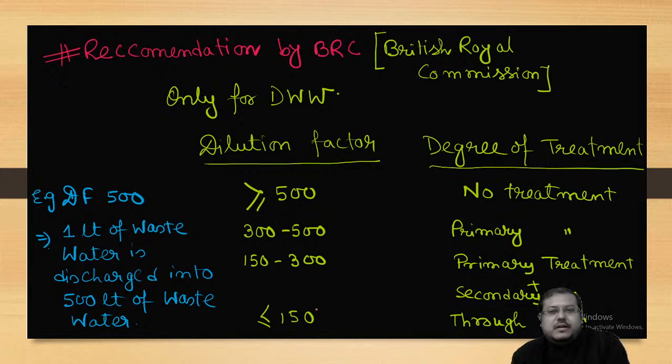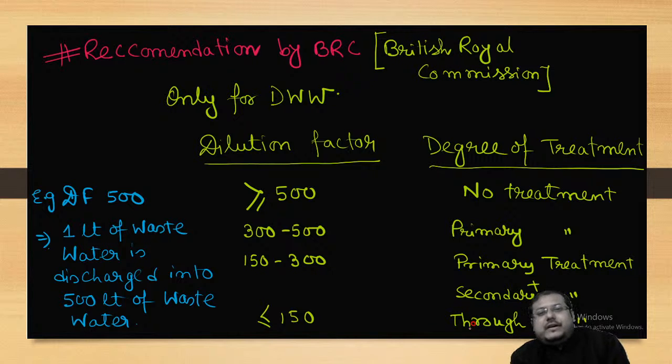You remember that primary treatment is nothing but the preliminary treatment plus the primary sedimentation tank. Secondary treatment is the primary treatment plus the biological treatment units along with the secondary sedimentation tank, and thorough treatment is this along with the tertiary treatment also.